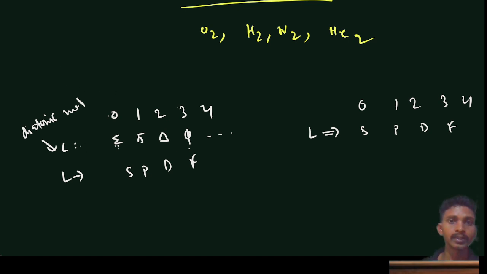So this is the one thing we have to remember. It is very simple: 0 is sigma, 1 is pi, 2 is delta, and 3 is phi. You will easily remember it when we do more examples.